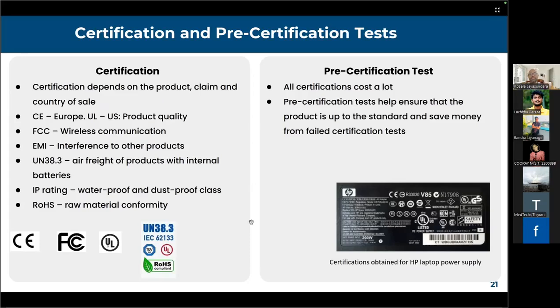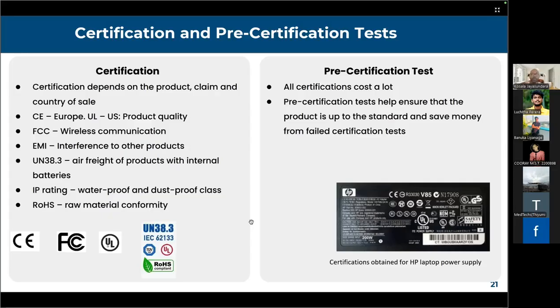So make sure that when you are developing your product, you have enough cash flow for certification. And normally, when you go for that kind of certification, it doesn't guarantee that your product will pass. As a result, you have to go back. Like if your EMC fails, you have to find out where it failed.